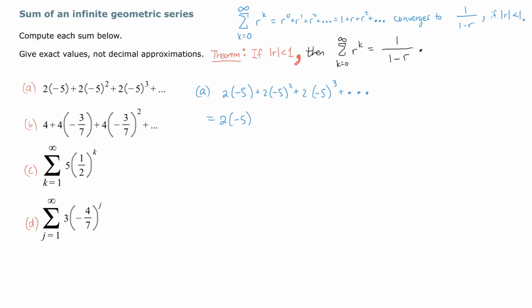Let's see what's left. We have a 1 plus a negative 5, if you distribute, plus another negative 5 squared. So we're just taking your factoring skills and seeing that there is a nice geometric series here.